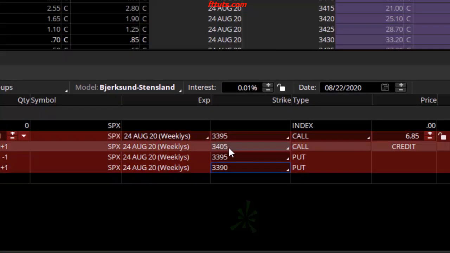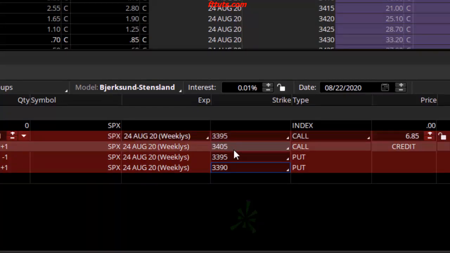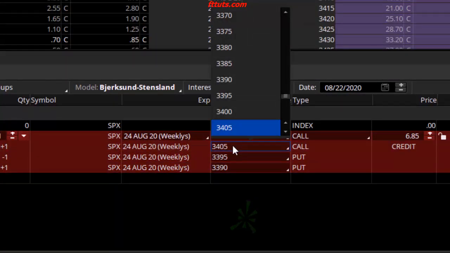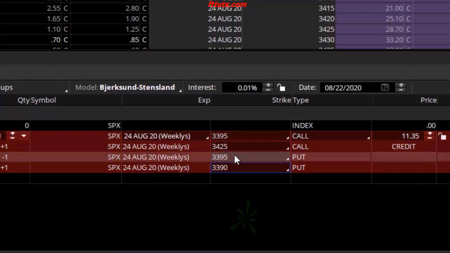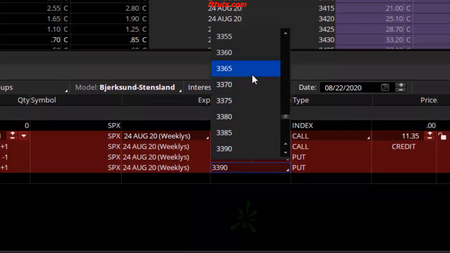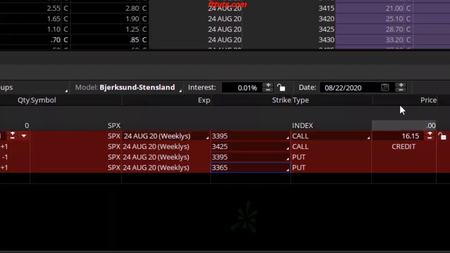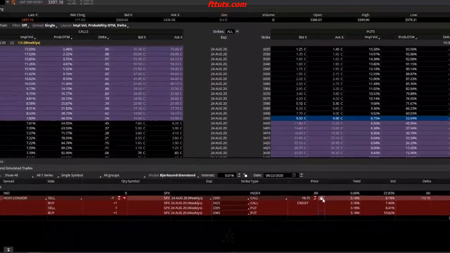And so I'm going to go out 30 points from the shared center strike of the trade, which is $33.95, and set my long calls up at $34.25. That's 30 points difference. And then I'm going to take $33.95 and subtract 30 points and put my long put down at $33.65. And you can see that I'm going to receive a large credit for this trade.